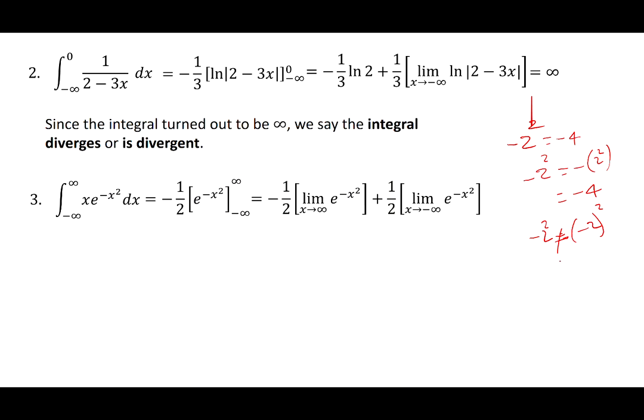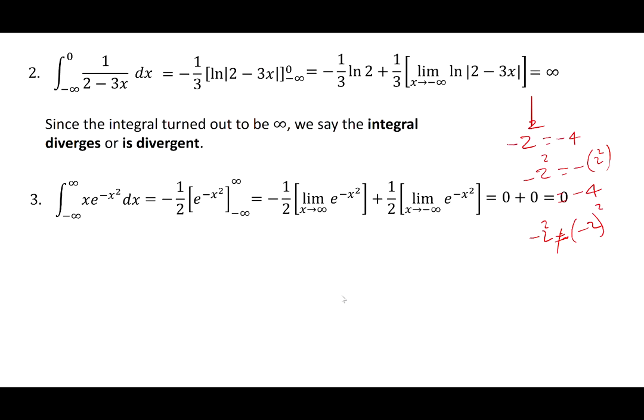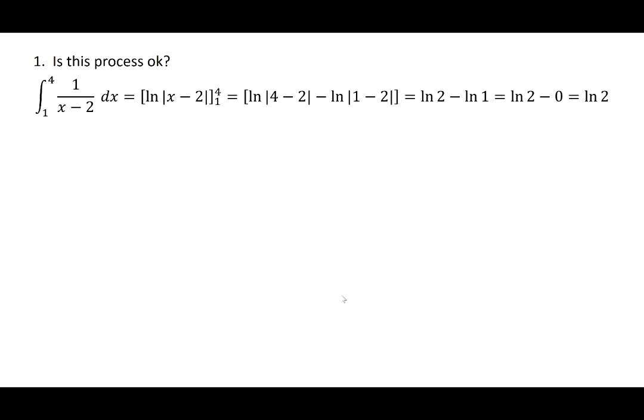Negative of a positive: e raised to a negative large positive number. Again, that is also 0. That also approaches 0. So we will say this is 0 plus 0, which is equal to 0, and surely the integral converges.